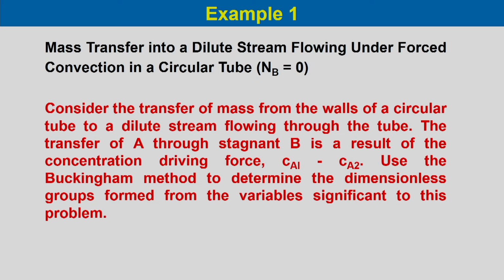The transfer of A through stagnant B is a result of the concentration driving force, that is C A1 minus C A2. Use the Buckingham method to determine the dimensionless groups formed from the variables significant to this problem. So, we have taken an example problem and we will see how the Buckingham method can be applied to find out the dimensionless groups.